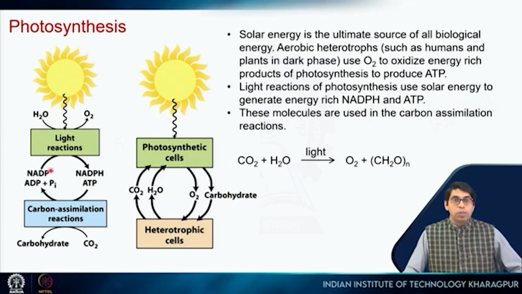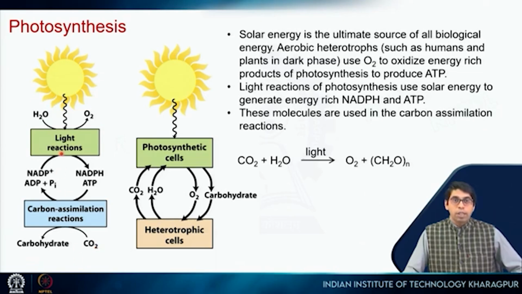It turns out that this carbohydrate is made by plants. They trap light energy and use that energy to produce these high energy molecules NADPH and ATP, which are further used in carbon assimilation reactions to produce carbohydrate. You can see this complete cycle: carbohydrate to carbon dioxide and water, and here carbon dioxide and water to carbohydrate.